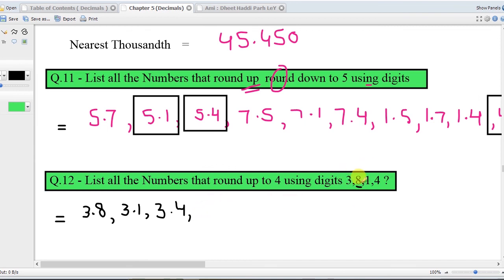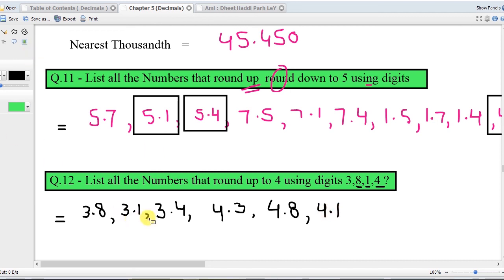So 8 will never be rounded up or down to 4. So let's just skip it. Similarly, 1 cannot be rounded up or down to 4. So we are left with just 4. So let's just write 4. All possibilities for 4. 4.3, 4.8 and 4.1.